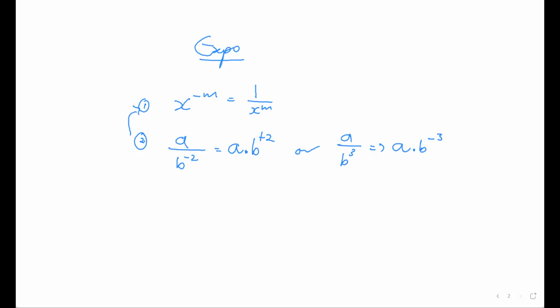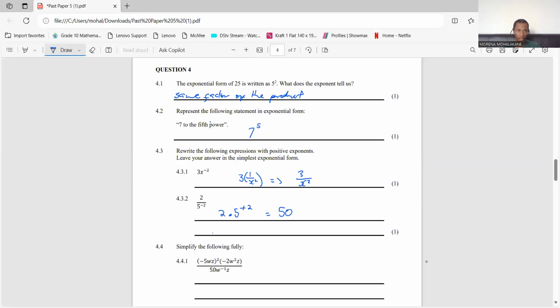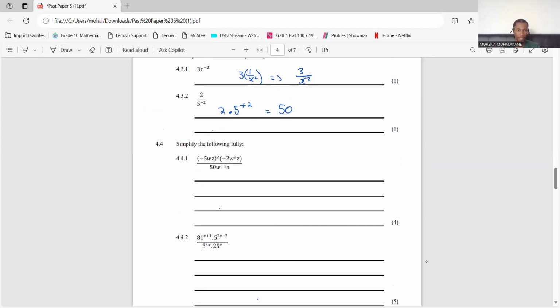Getting back to the question. Okay, we have a different question now. Simplifying, I'm going to start with the bracket here. The 2 is going to be distributed, so you're going to have negative 5wz squared times negative 2w squared z all over 50 w exponent negative 1 and then z.